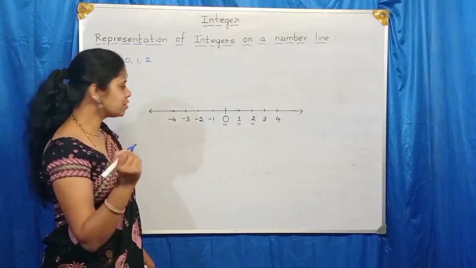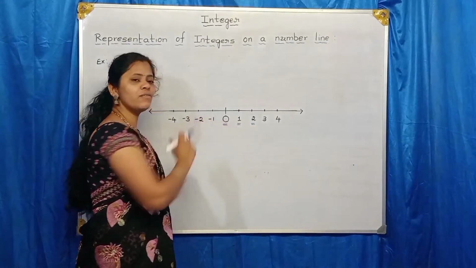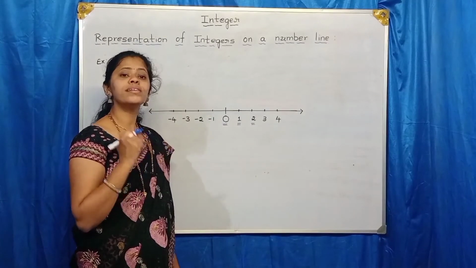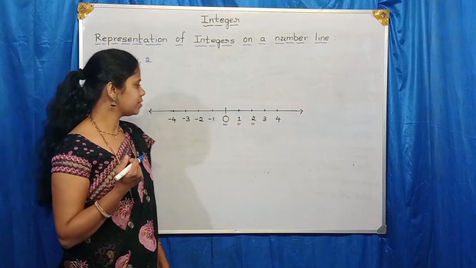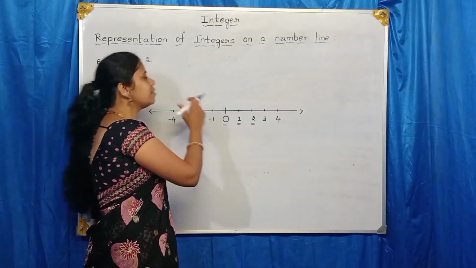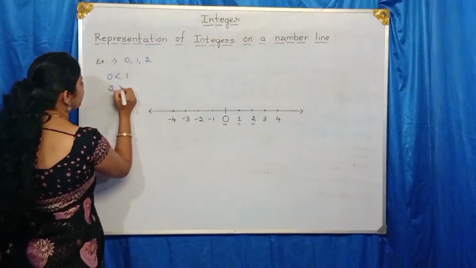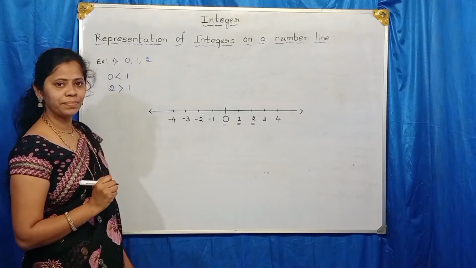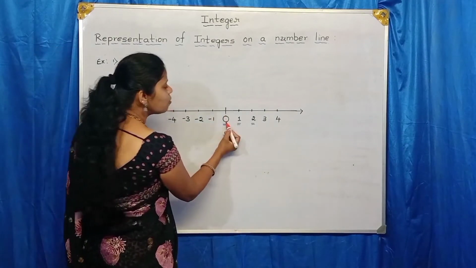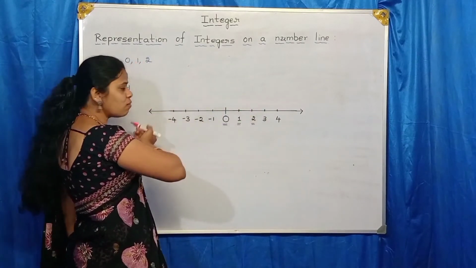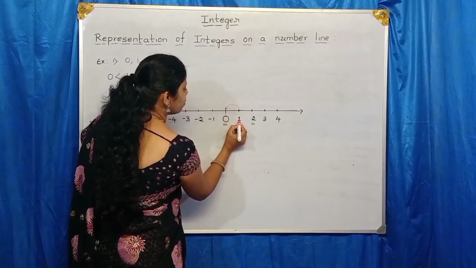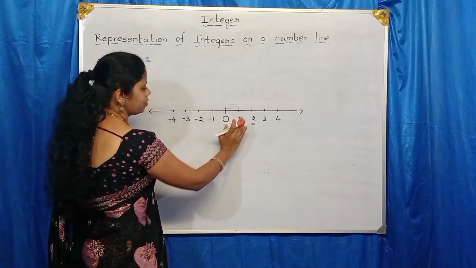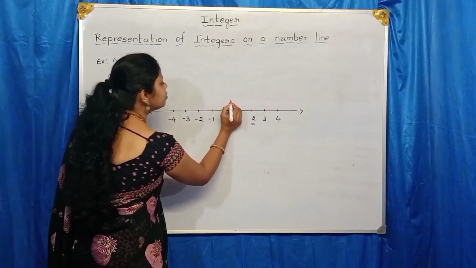And if I ask you, is 2 greater than 1 or is 2 lesser than 1, what is your answer? Yes, 2 is greater than 1, right? 0 is on the left side of 1, right? On the left side of 1, 0 is there.